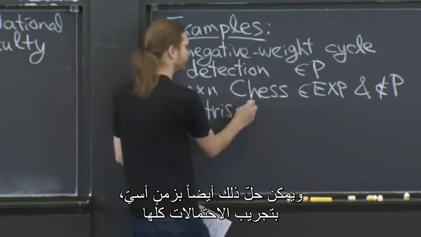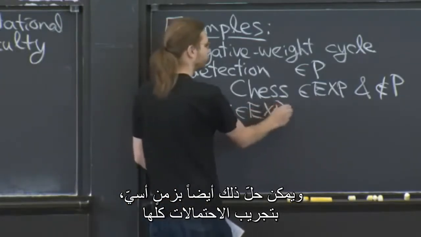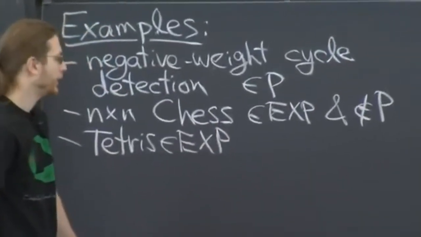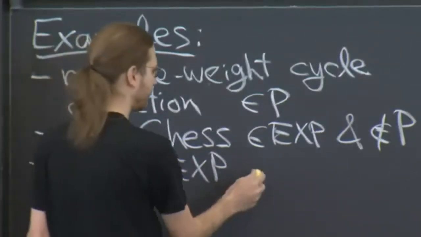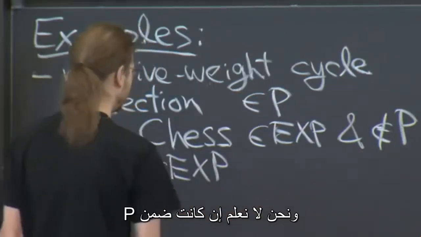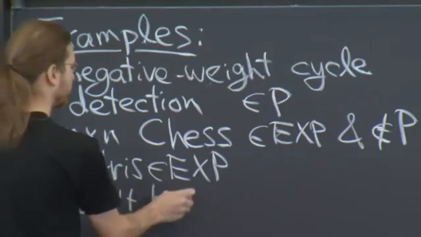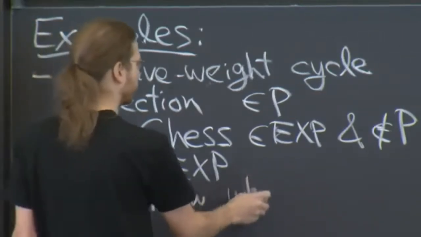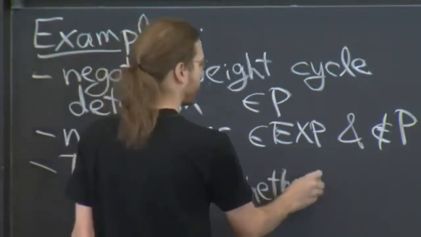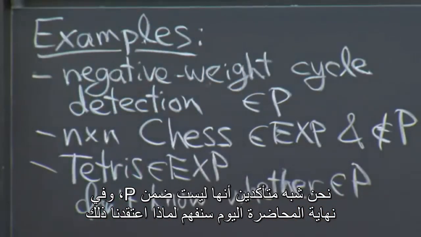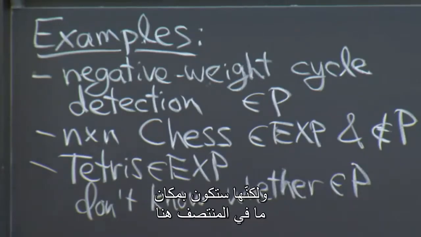This can also be solved in exponential time. Just try all the possibilities. And we don't know whether it's in P. We're pretty sure it's not in P. And by the end of today's lecture, you'll understand why we think it's not in P. But it's going to be somewhere in between here.